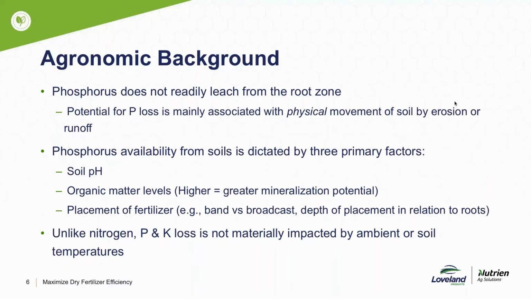But that's one of the key factors that affect phosphorus availability. Another one, organic matter levels. And the higher the organic matter, the greater the mineralization potential. And mineralization is just simply converting organic phosphorus in the system, or nitrogen can be organic as well, but it's converting organic nutrients to inorganic sources that the plant can actually use.